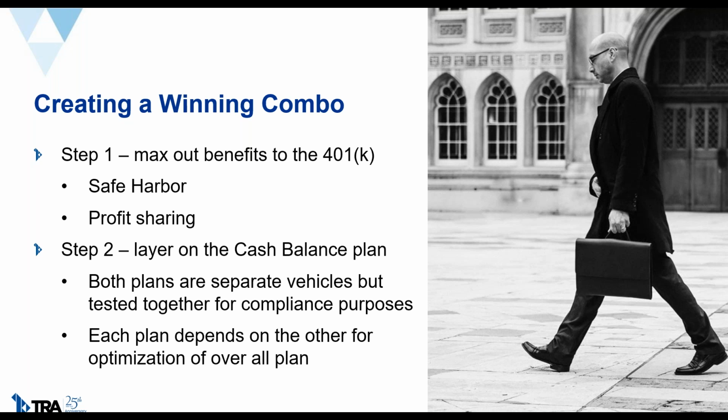Next step, layer the cash balance plan on top of the 401k profit sharing plan. This is very, very important because these two plans are tested together for compliance purposes. For example, if we're trying to give an owner $100,000, because of the method of testing these plans together, benefit under both plans is combined for that test, and we get leverage out of the specialized testing methods when we do these together.